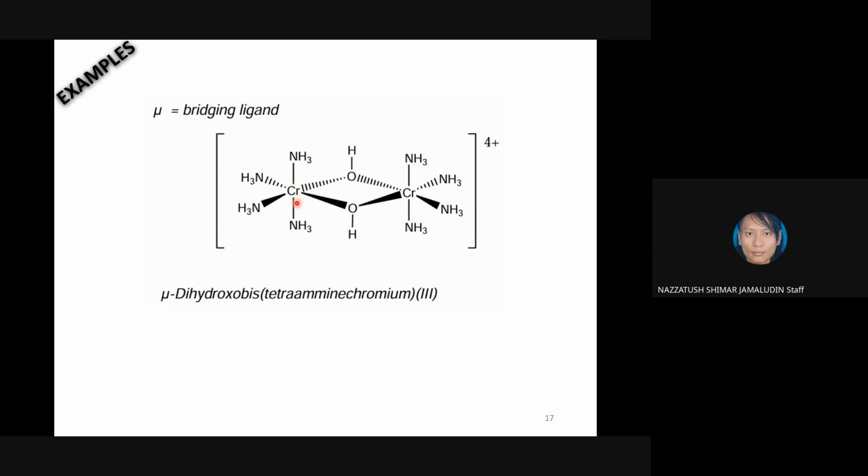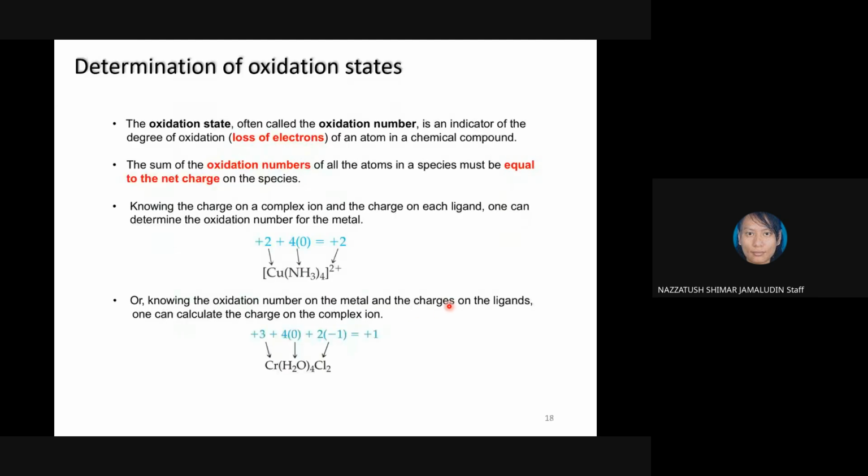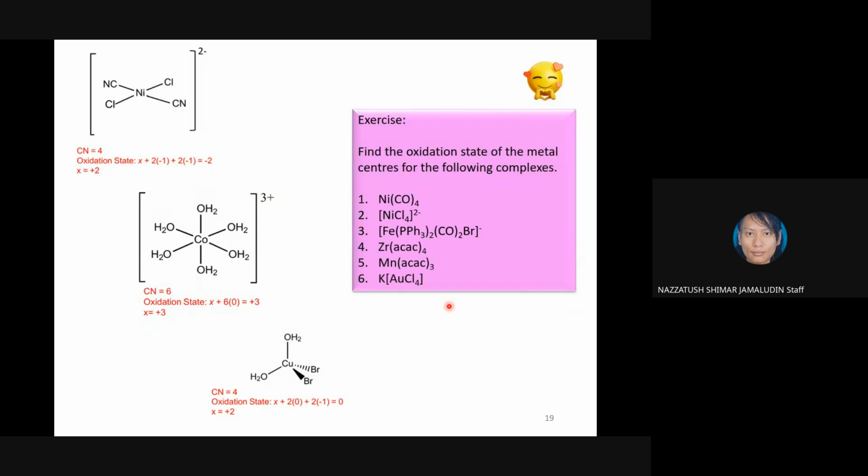Because every chromium coordinates to 4 ammonia. So there's already a prefix here, tetraammine chromium. And because there are 2 of them, we don't put ditetraammine chromium. We put bis tetraammine chromium. And the oxidation state of chromium, you can do this on your own.